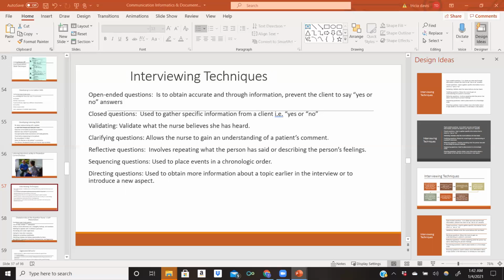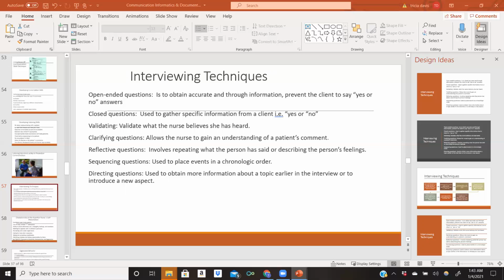So when you're obtaining a nursing history, you want to make sure that you are using the open-ended question technique, which allows the patient a wide range of possible responses. It prevents them from just saying yes, no. It allows the patient to express what they understand to be true, yet it's specific enough to prevent digressing from the issue at hand. It encourages free verbalization from the patient, and the greatest advantage of this technique is that it prevents the patient, like I said, from giving that yes or no answer that limits the patient's response.